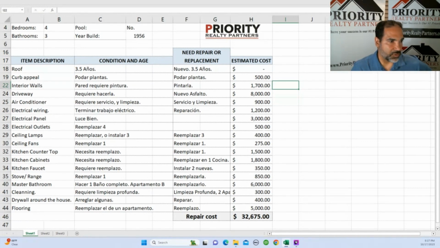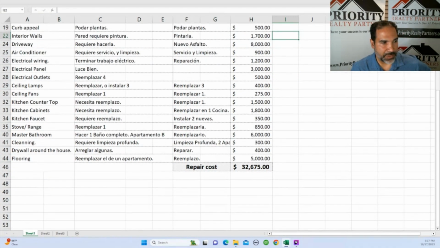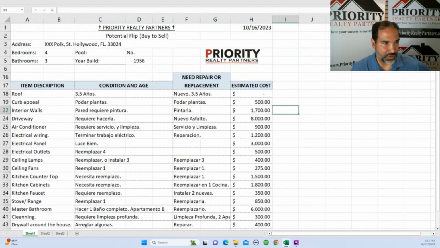In order for me to do that, I will have to invest $32,675 additionally to the purchase price, and my closing costs and down payment that I have to put in.